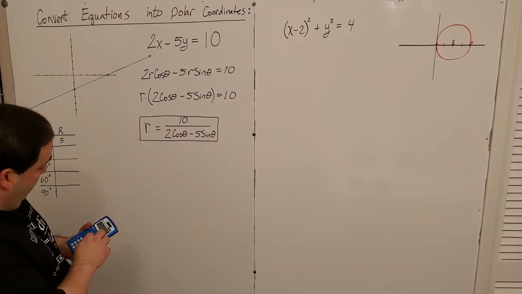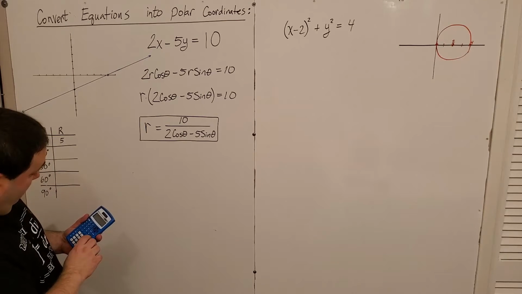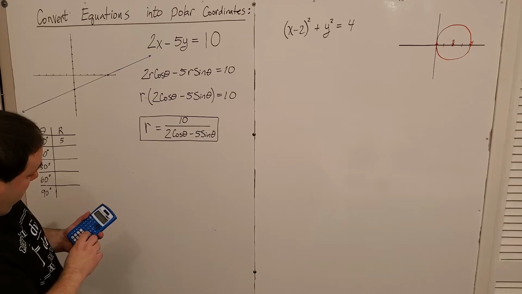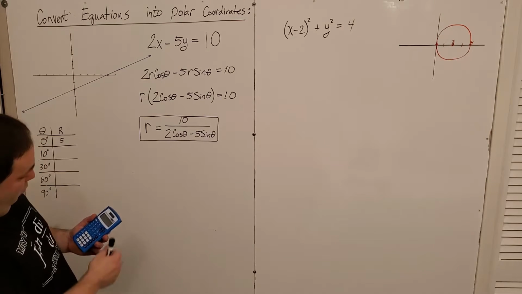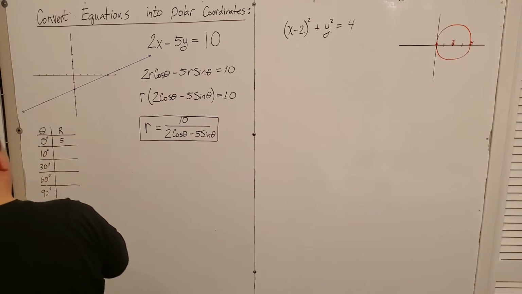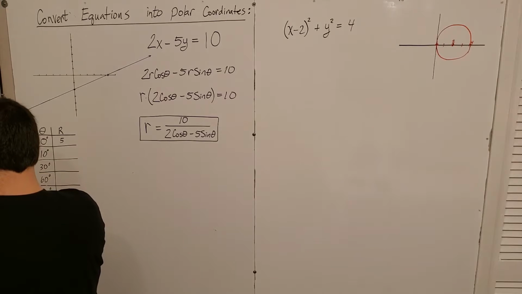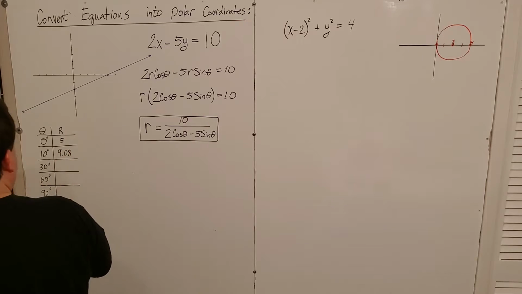Next, I'm going to compute the next point. 10 divided by, parentheses, 2 cosine of 10 minus 5 sine of 10. And that's equal to 9.079. So like around 9.1-ish, right? We can say 9.08. Okay?